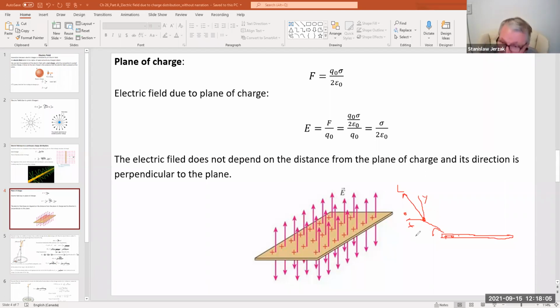But calculations are only simple if you have an infinitely long plane of charge or a very large plane of charge. In the tutorial notes, I also included a few examples where the line of charge is not infinitely large, such as rings or semi-rings and different types of points.